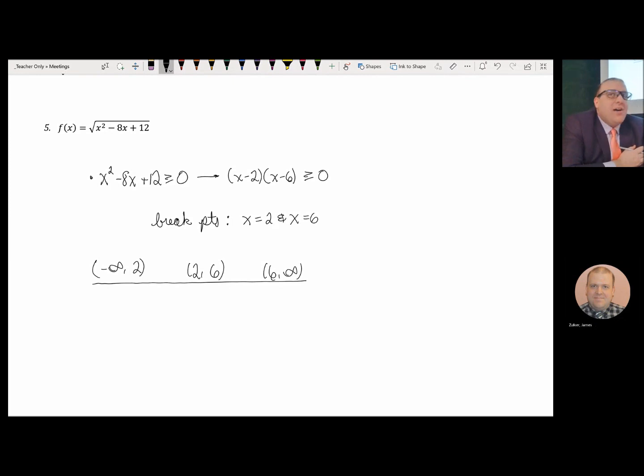So you pick any value from negative infinity to 2. 0 is in there. I'm going to use 0. I'm going to use the factored form too. We do not care what the value is at 0. We just care if it's positive or negative. At 0, it's negative and negative. Negative times negative is positive.